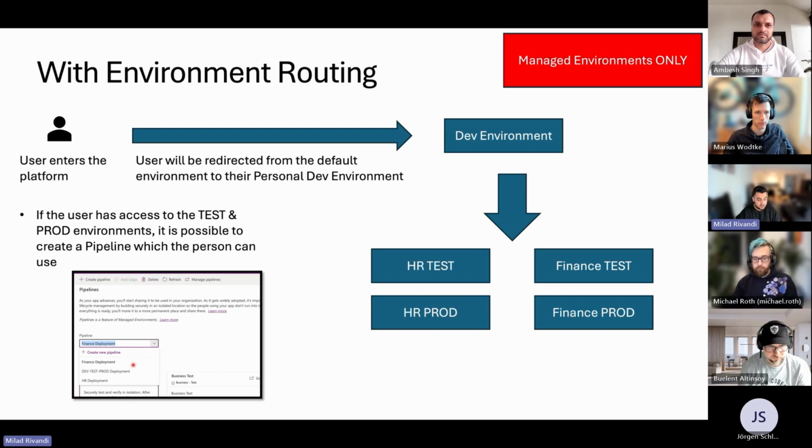And as you can see here in the picture, you can have a finance deployment if you have access to both HR and finance, of course, and then you can create your solution and publish it or deploy it via the pipelines into the environments of the finance and HR departments.